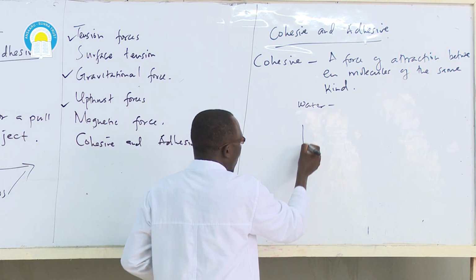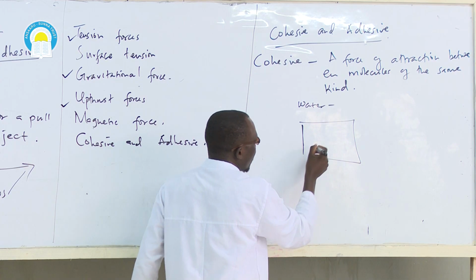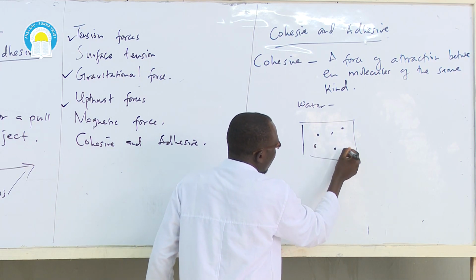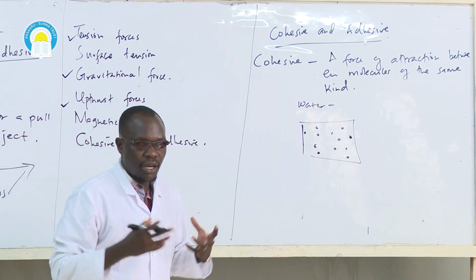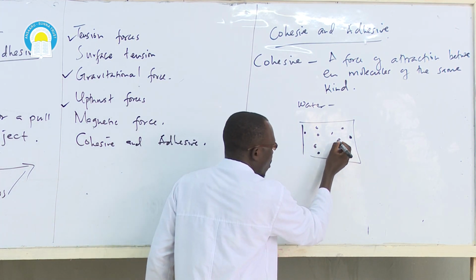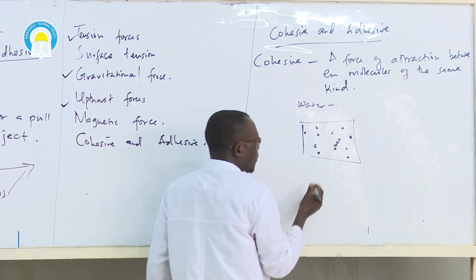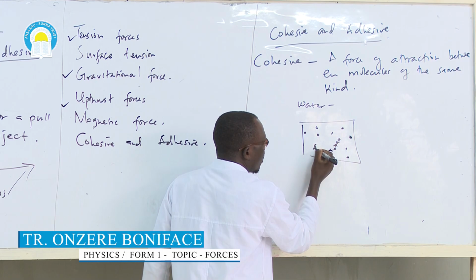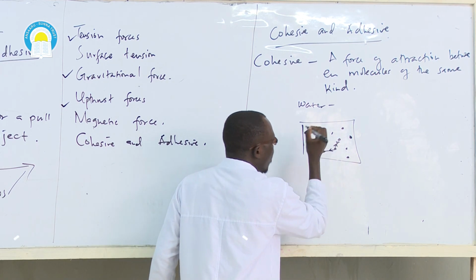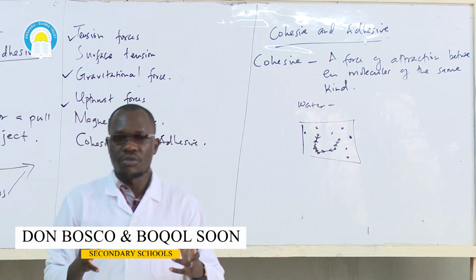If this is a container of water, we have particles in water. These particles do not exist freely. They are attracted to each other by strong forces of attraction between them. This one is attracted to this one, is attracted to this one, and they form a uniform connection, a structure of molecules attracted to each other.